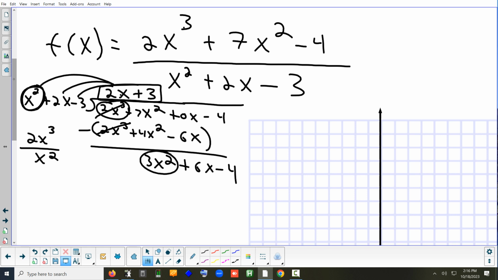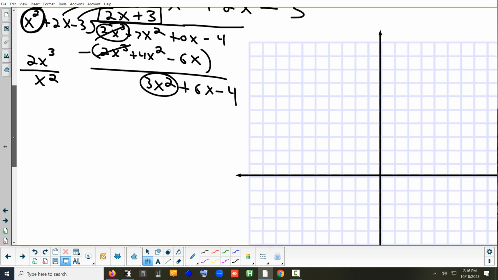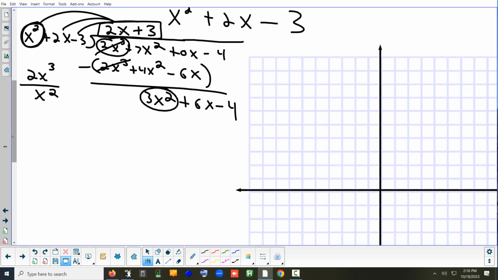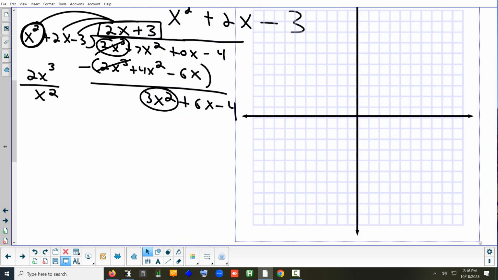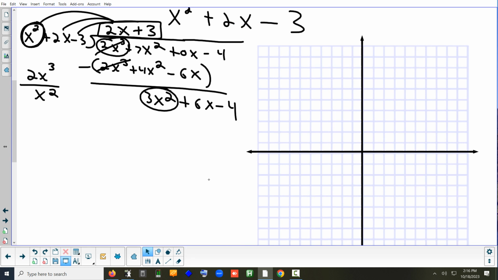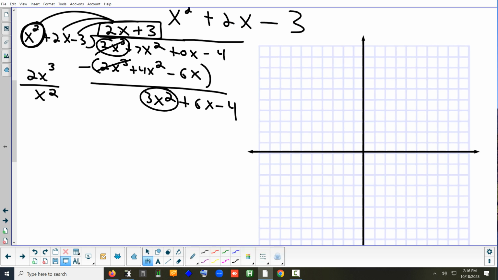Okay. What's my y-intercept on my slant asymptote? 3. And what's my slope? 2 over 1. So that means up 2, right 1.